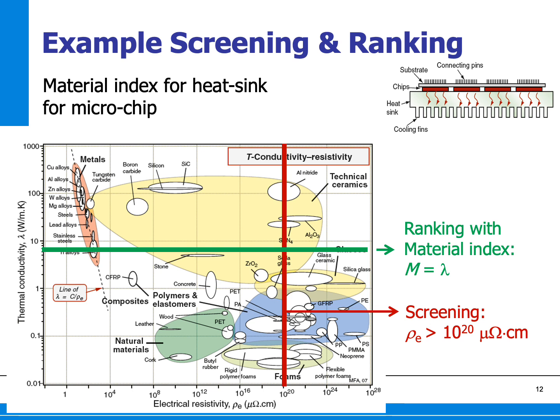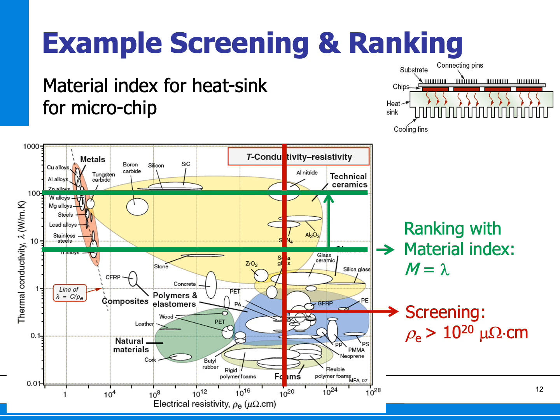I've placed this line arbitrarily horizontally at some location in this graph, but we want to maximize lambda, so basically we want to move this line up.